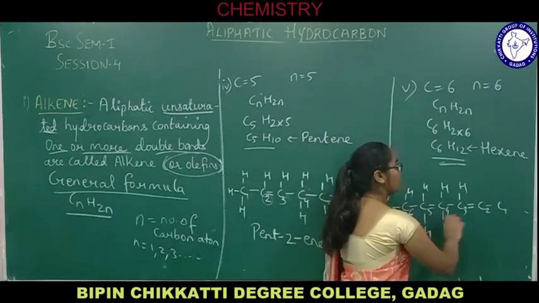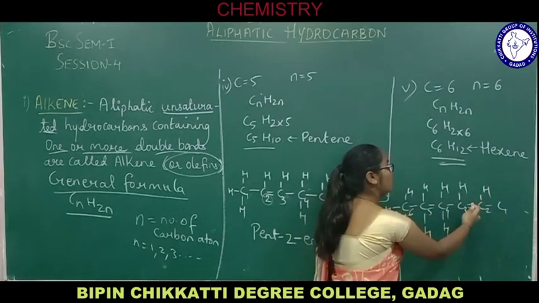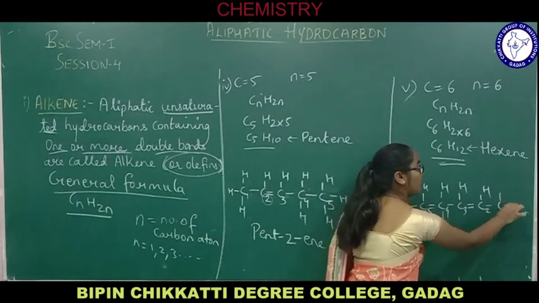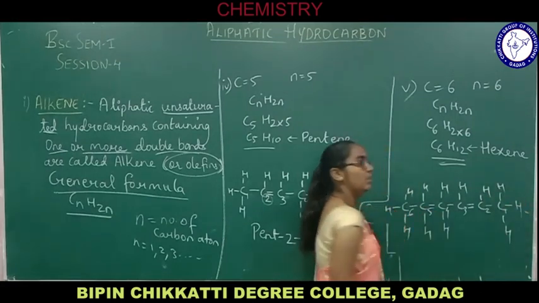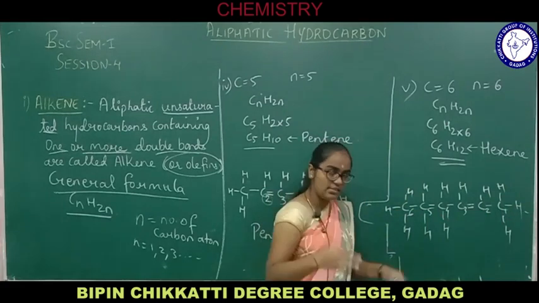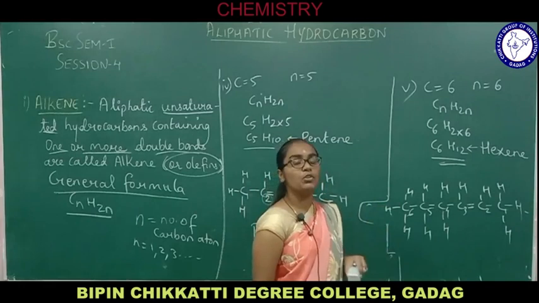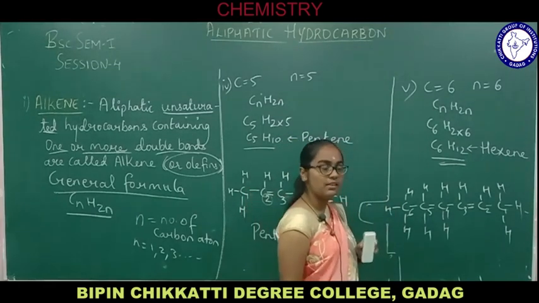Now carbon number 2 will also have 1 hydrogen atom, because 1, 2, 3, 4 like this. In this manner it will be satisfied, and carbon number 1, being a terminal, will be attached with 3 hydrogen atoms, right? So this is how you need to understand while drawing the structure for that particular compound with the molecular formula C6H12. Okay, now let's count the number of hydrogen atoms.